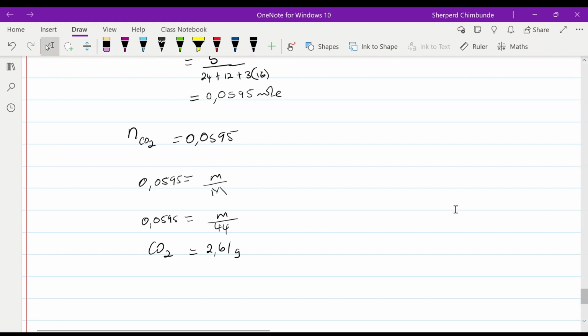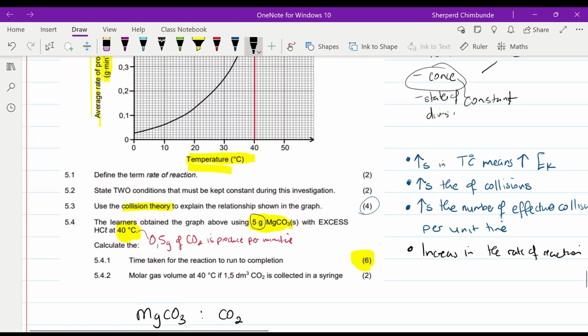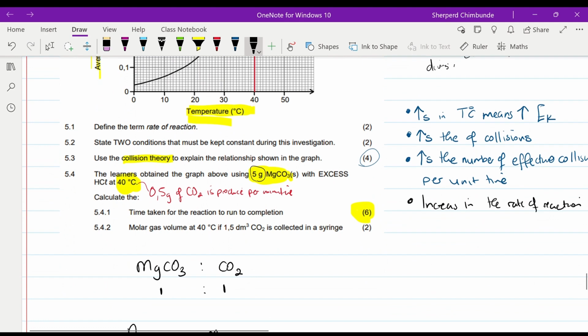So in order to calculate the time, remember the rate in this case is the mass of the carbon dioxide over the time. The mass we know here is 2.61, and the rate that we got from our graph is 0.5 per minute.